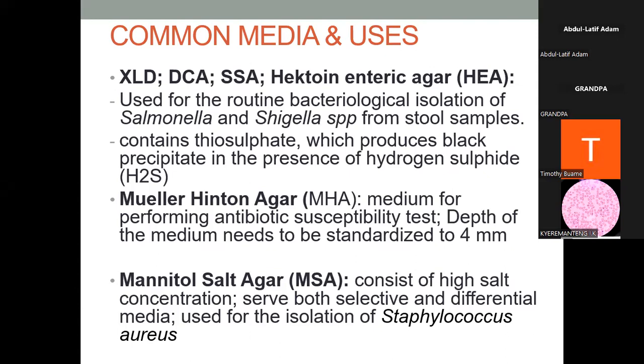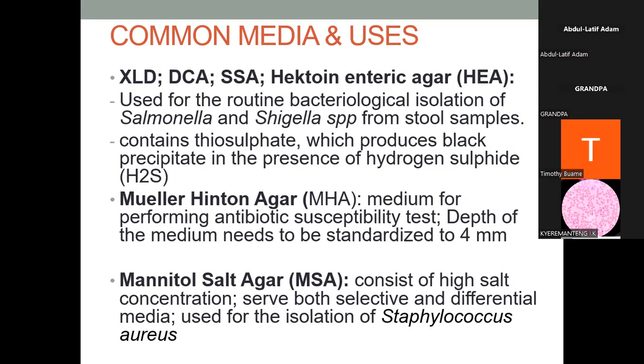What you are not too familiar with is the Hektoen enteric agar. Hektoen enteric agar is also a very good medium for the isolation of Salmonella and Shigella. In developed countries, they don't use XLD, DCA, SSA. Rather, they use the HEA, which is Hektoen enteric agar.